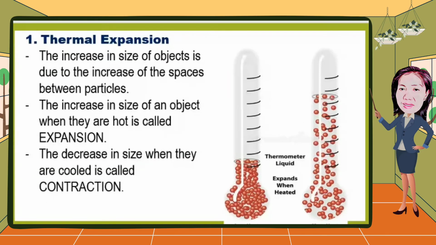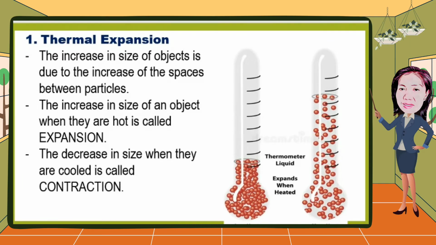Another example is when the alcohol or mercury in the thermometer rises and goes down. Thermal expansion din yan. Okay, so what happened? If we're going to dip the thermometer in a very low temperature, what happened is the molecules of the alcohol or mercury will gain a lesser kinetic energy.